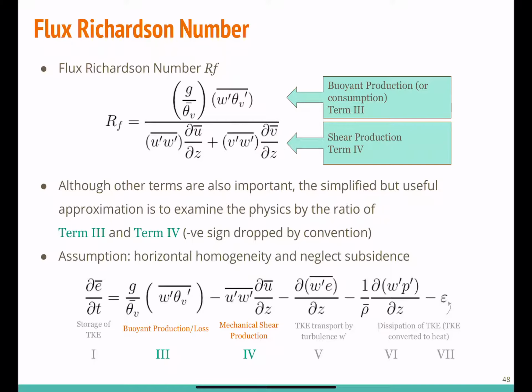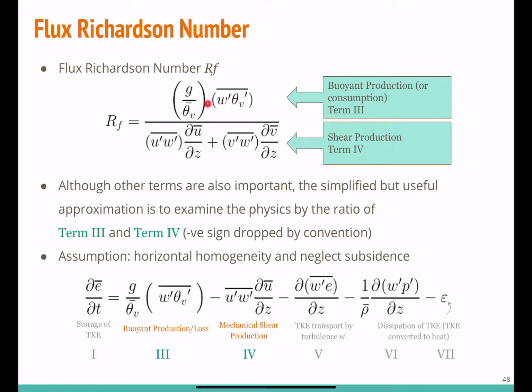So other terms are also important, but these two terms are simplified and put in here so that we can examine the physics, because these two are the two mechanisms generating turbulence.